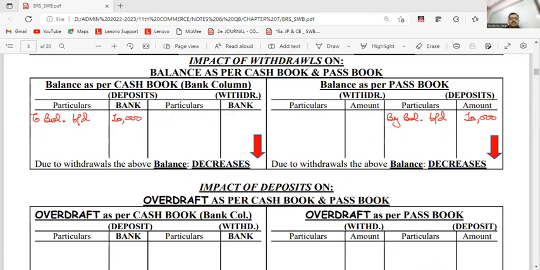Children, on the credit side, we'll be putting what is called by cash. Let us say we have withdrawn 3,000 rupees. And in the passbook, where would it appear? On the debit side. We had 10 and took out 3.